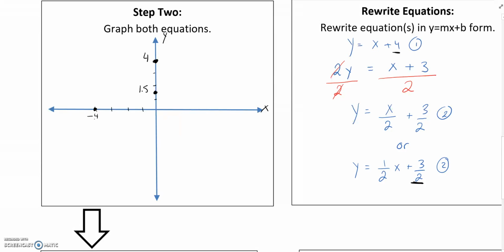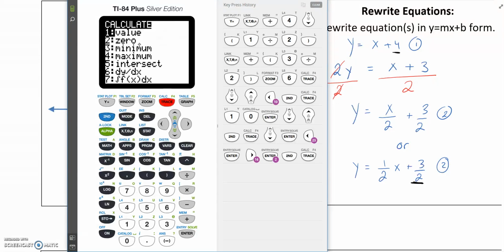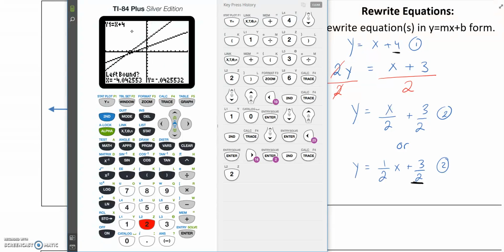And then going back, it'd be nice to just move up and down, but we can't do that, so we go second, trace, go back to 0. But you'll see I'm on the wrong graph, so I'm going to click down first of all. Now I'm on the right graph. Go left bound of this line's x-intercept. Click enter.